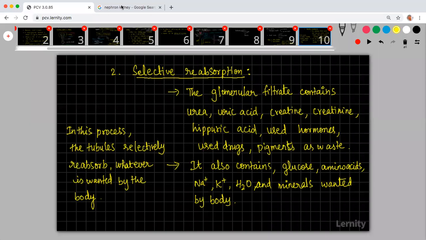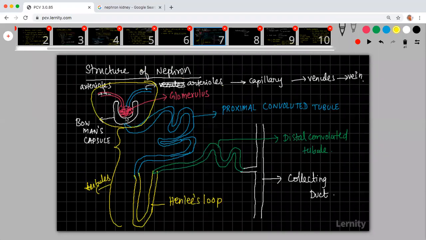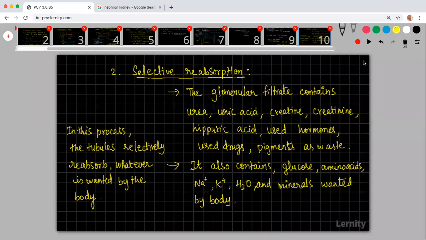Whenever urine is formed, it will have some waste along with some substances that you want. Glucose, amino acids, sodium, potassium, water, minerals are all sent out along with the waste.